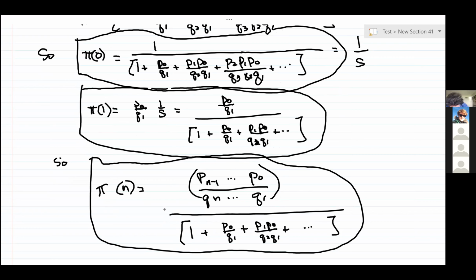And that definitely holds from 1 onward, so this one would be good for n greater than or equal to 1. And then pi 0 was what it is. So these two together give you the complete distribution.